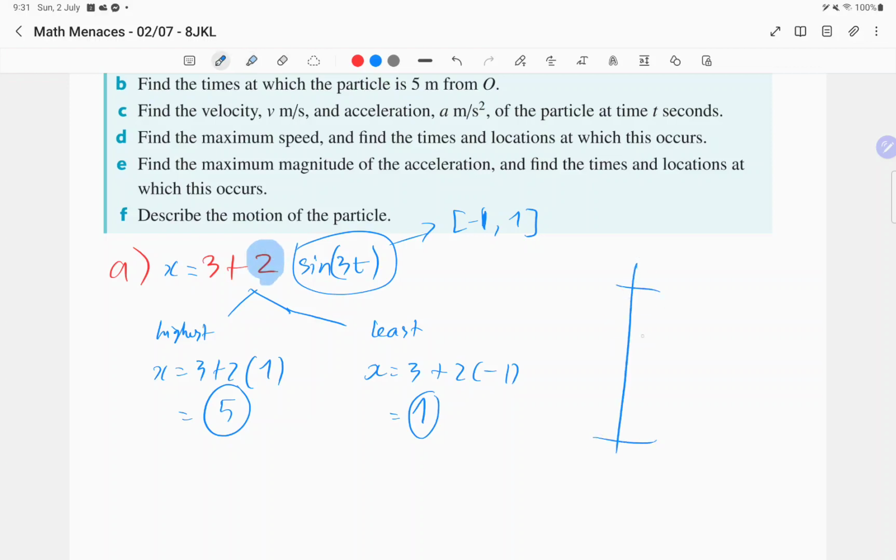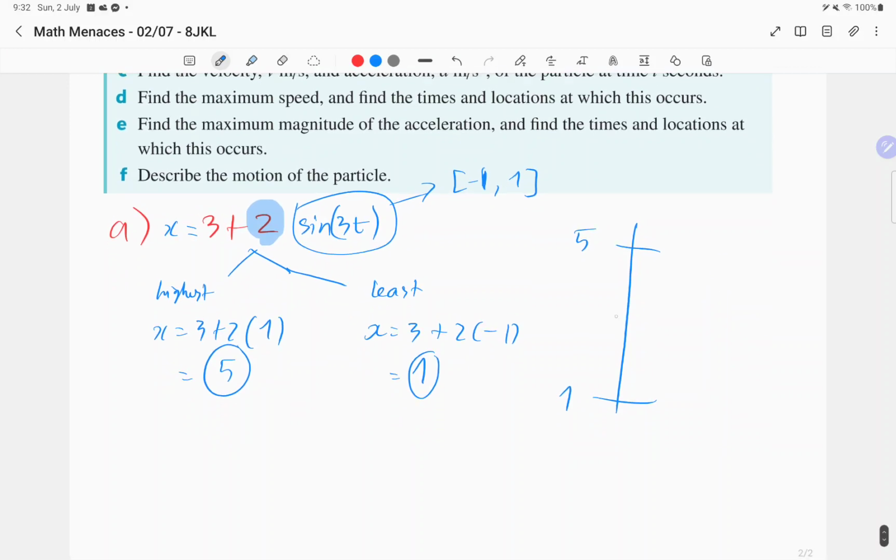So you see on the number line, when you add 3 to it, 3 is your new origin value, and then you add 2. Correct. So from 3, you add the amplitude, you get the top one, you minus the amplitude, you get the bottom one. The reason why it's shifted by 3 is originally it's at 0, so when you shift the whole thing up by 3, then 3 becomes the new center.